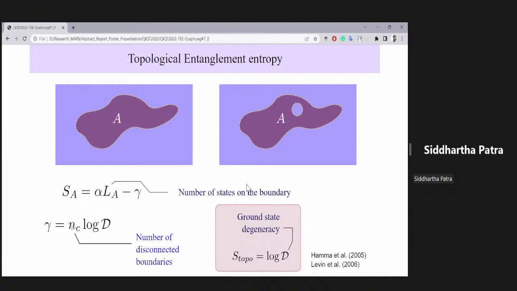So gamma will be simply 1 times log D. In the right figure, as you can see, you have punctured a hole, so the number of disconnected boundaries is 2. That means the gamma will be 2 times log D. So that's how the entanglement depends on the topology of the subsystem you choose.